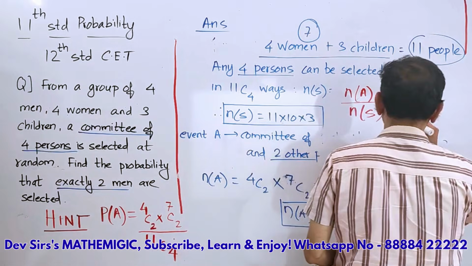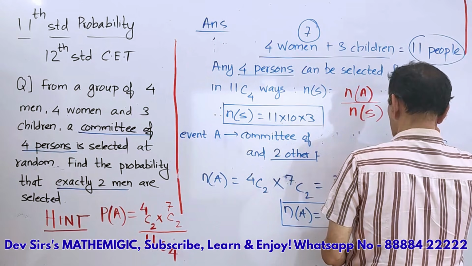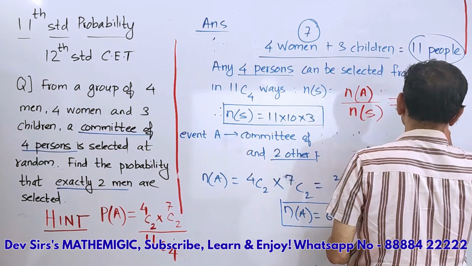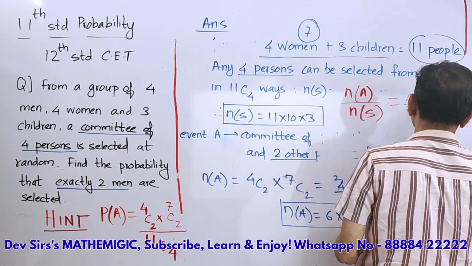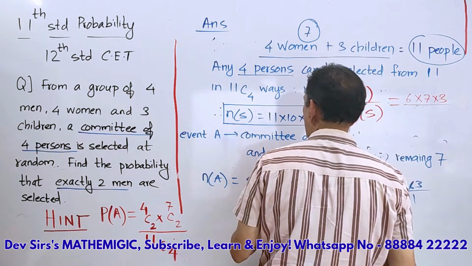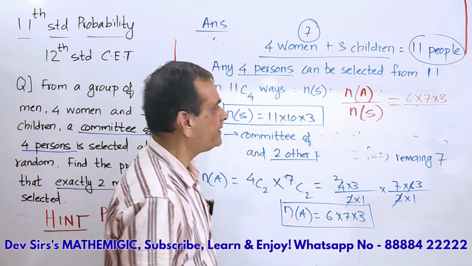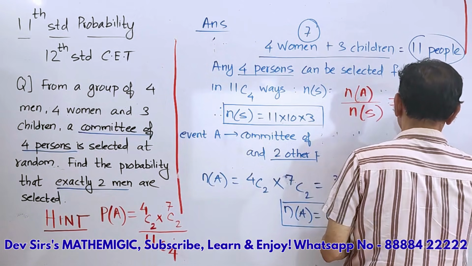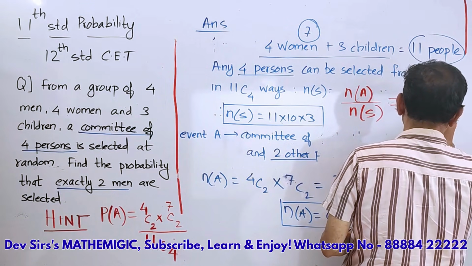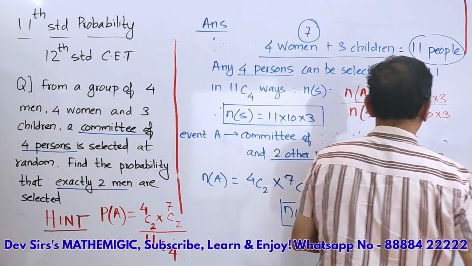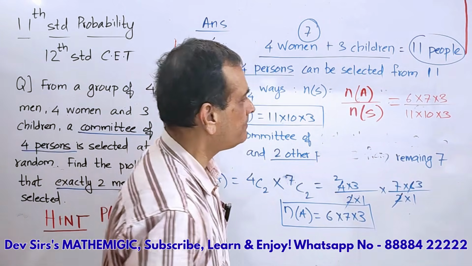So NA is 7 into 6 into 3, or 6 into 7 into 3. PA is, NS is 11 into 10 into 3. See what is getting cancelled.